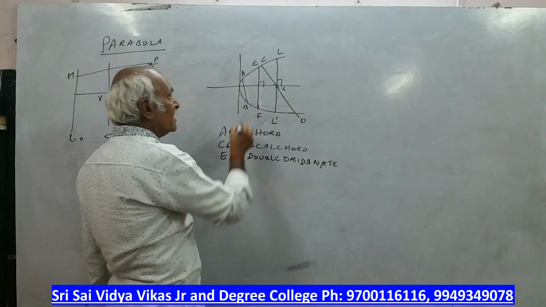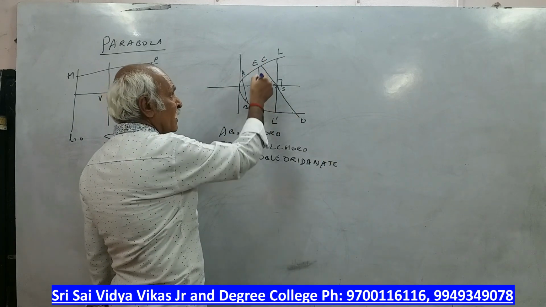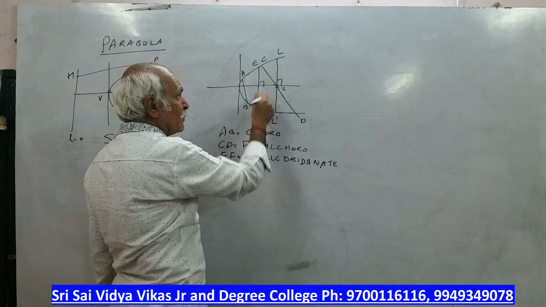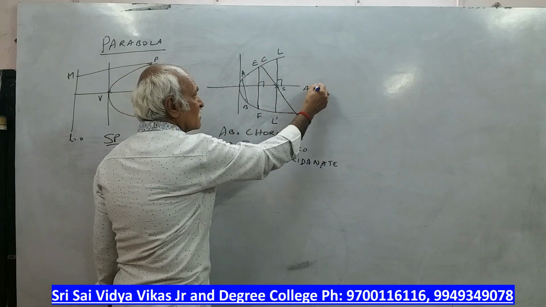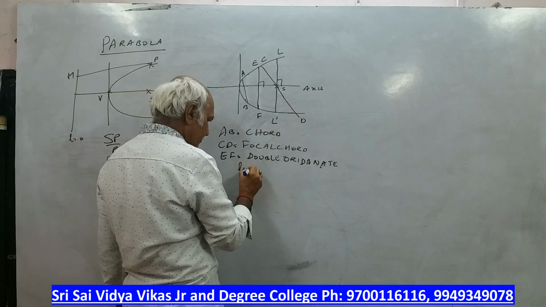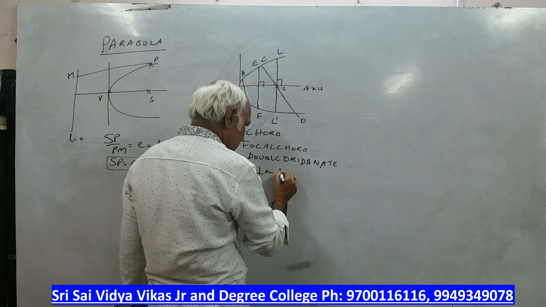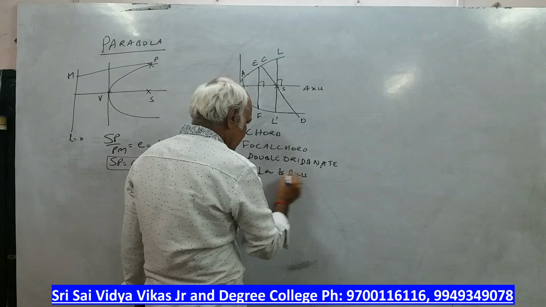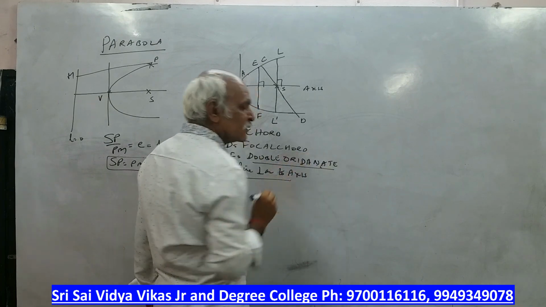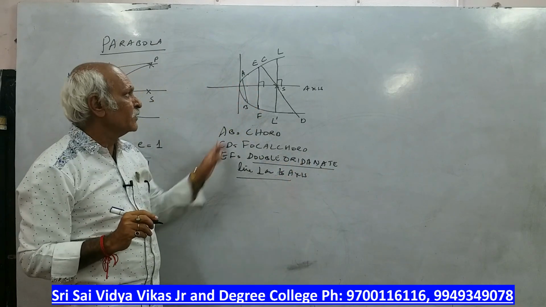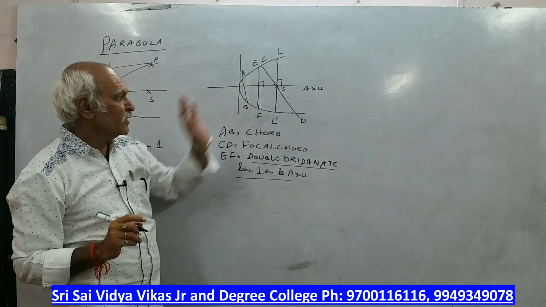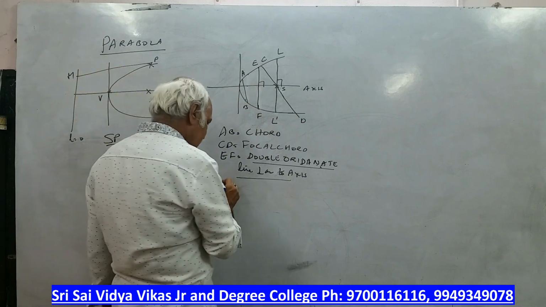What is a double ordinate? The line which is perpendicular to the axis is called a double ordinate. Okay, EF is called a double ordinate. It is perpendicular. What is the next one?